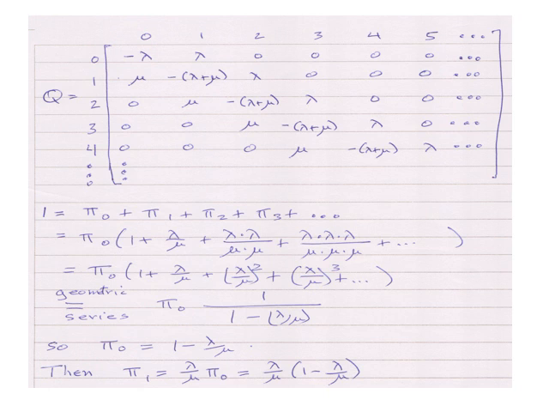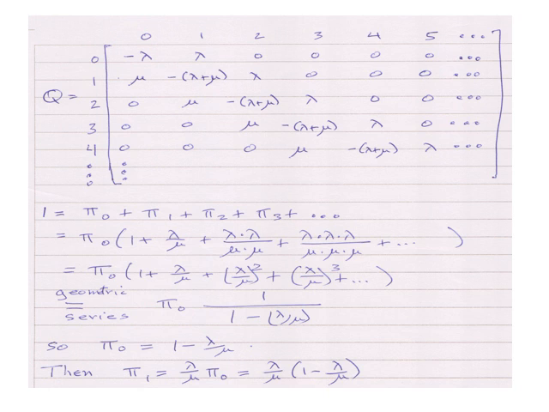The common ratio to go from one term to the next would be lambda over mu, so 1 over 1 minus lambda over mu. And if we cross multiply to solve for pi 0, we get pi 0 is 1 minus lambda over mu.